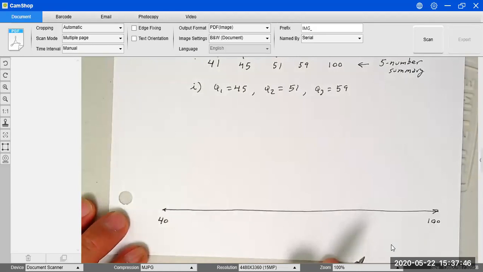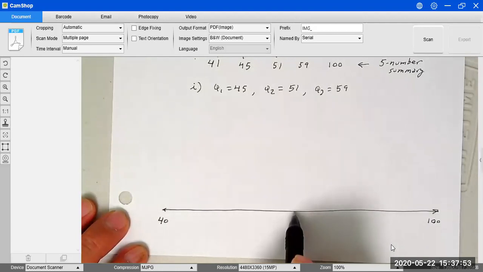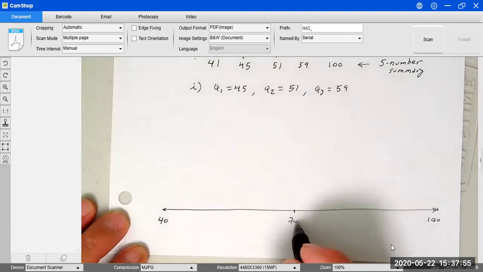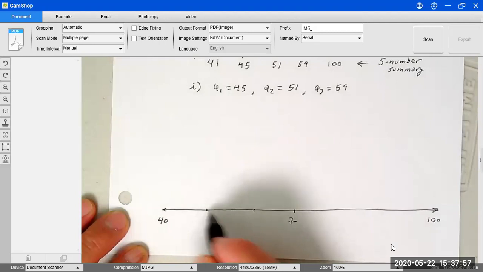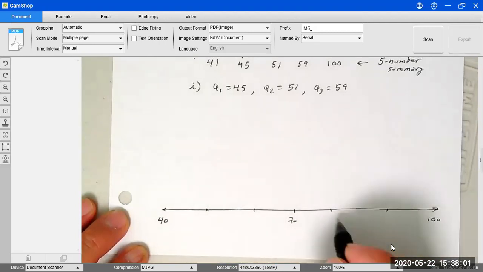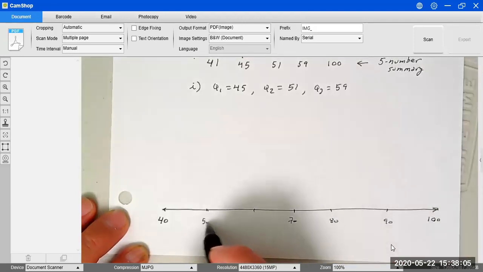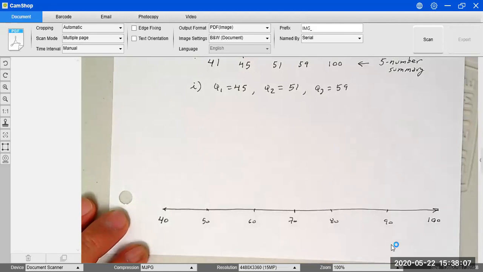So I need to divide this in parts. This is going to be 70, then in 3 more parts here, 80, 90, and 50, 60. You can do this very easily using grid paper.